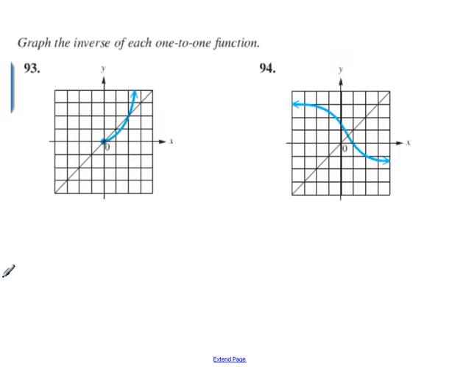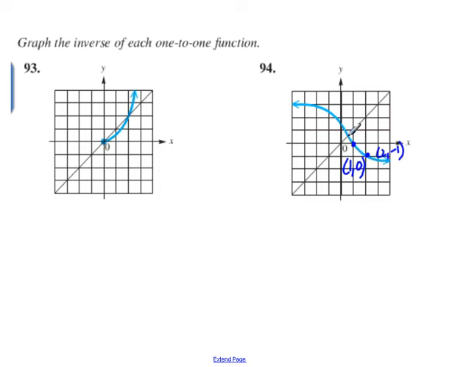And then the last screen I want to talk about is graph the inverse of each one-to-one function, where all you're given is the graph. Well, to graph the inverse, you're going to interchange the x and y values, right? So for instance, if you know on 94 we have the point 1, 0, and we also have the point 2, negative 1.